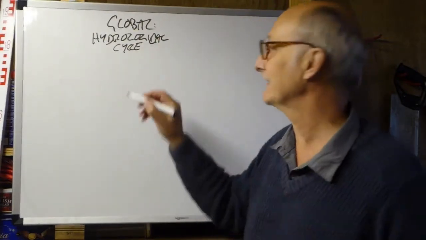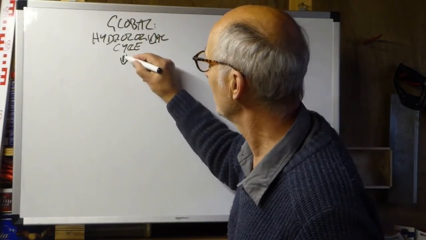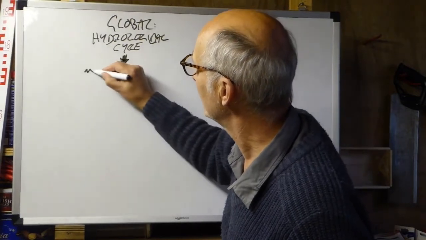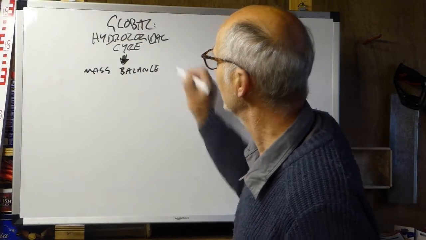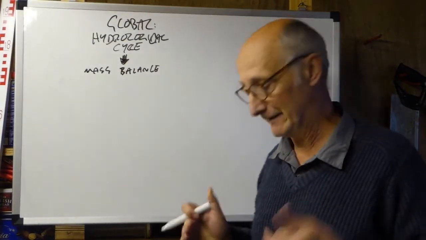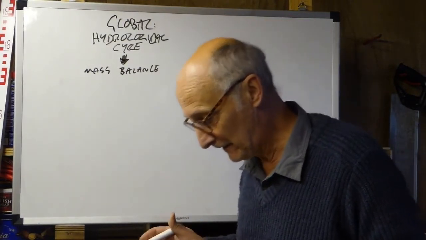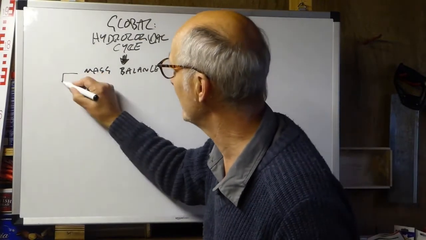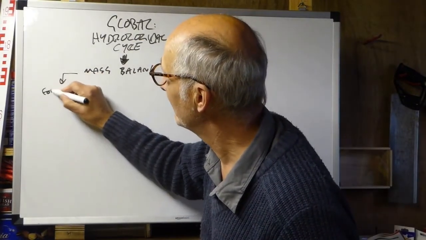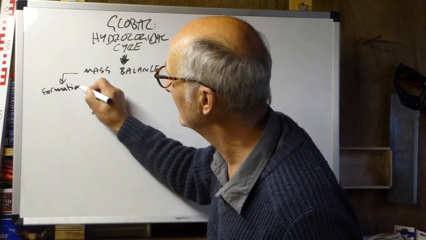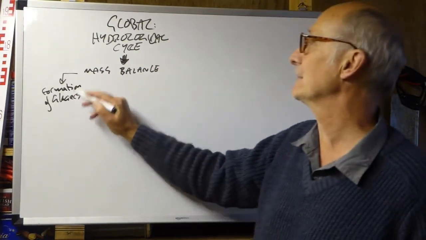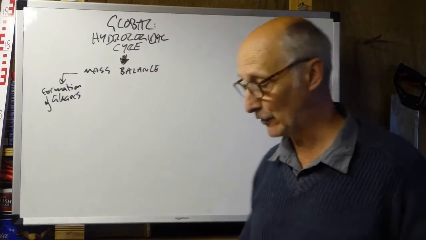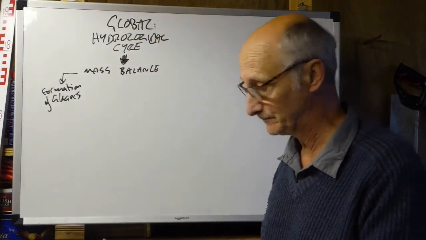And as part of that hydrological cycle, we identified mass balance as an important starting point for our glacier story. And as part of the whole mass balance story, we recognised the formation of glaciers. And we're seeing glaciers here in the context of that global hydrological cycle.